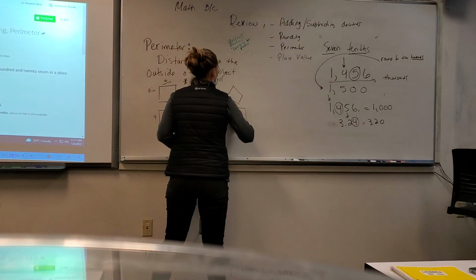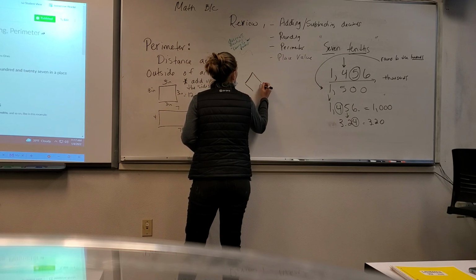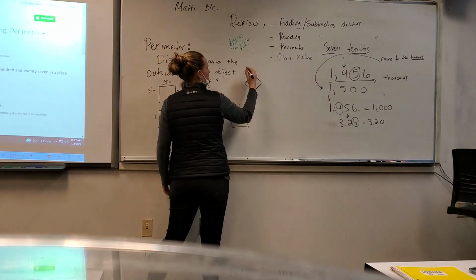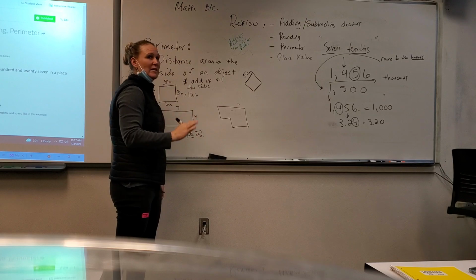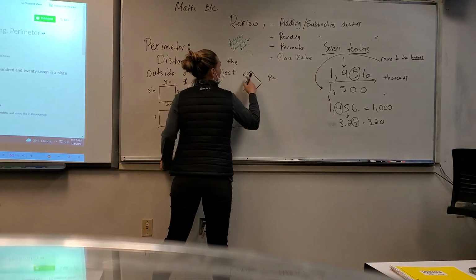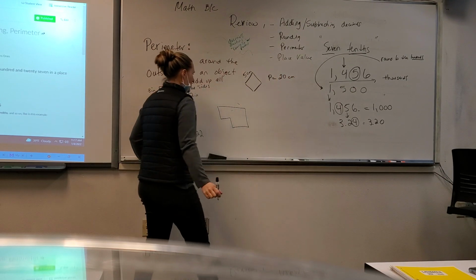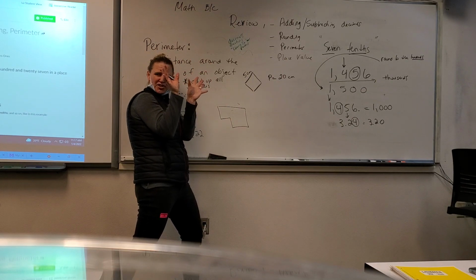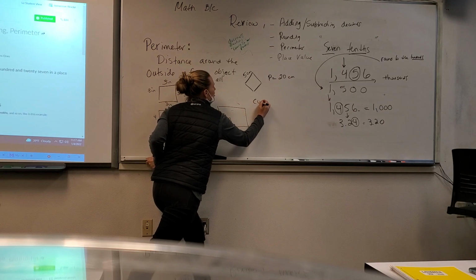All right, and a diamond is basically a square that's been tilted up on its edge, so all sides are also equal. So if this diamond is 5 centimeters, that means the perimeter would be 20. 5, 10, 15, 20. Good. And then these, a combination of a square and a rectangle, are called complex shapes.